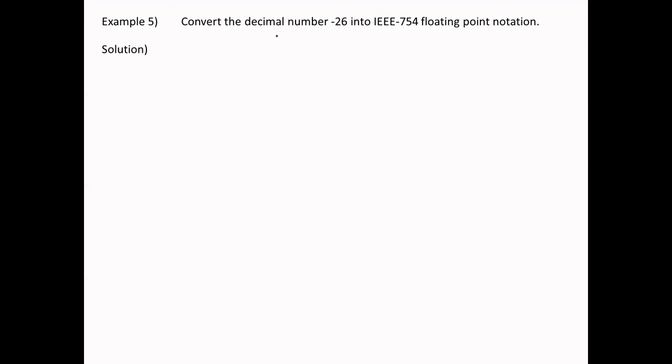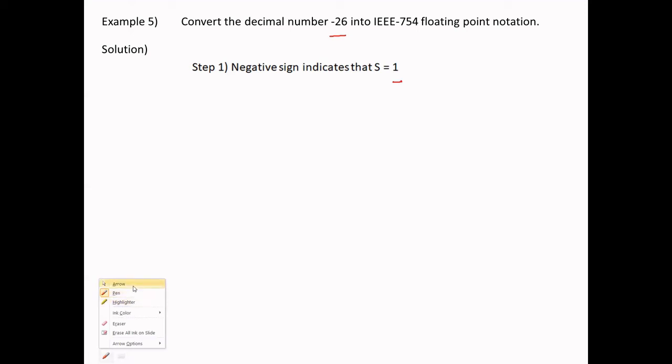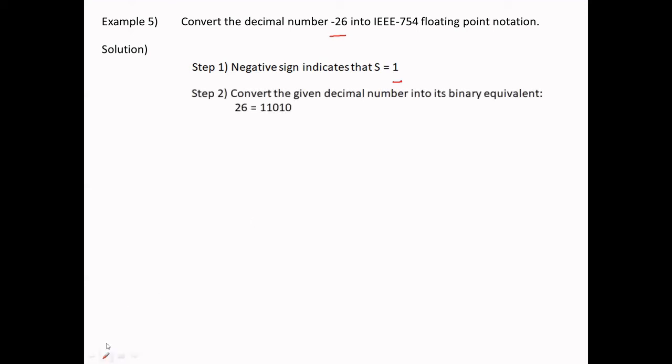Convert the decimal number minus 26 into IEEE 754 floating point notation. S equal to 1. That is the first step. Second step is convert the given decimal number, that is 26, into the binary equivalent. Get the normalized equivalent.